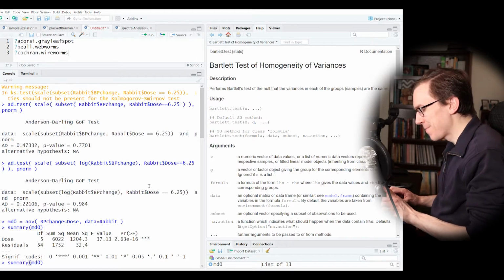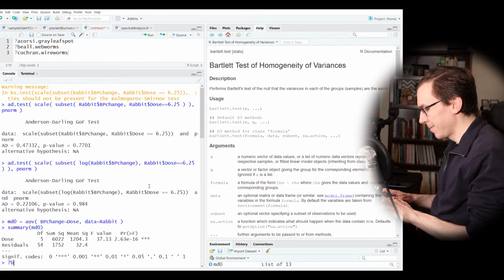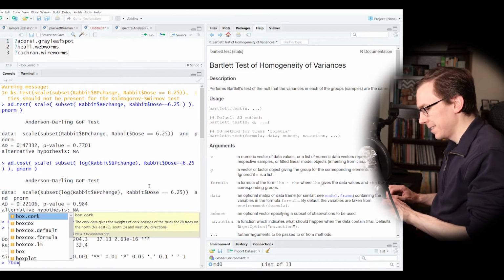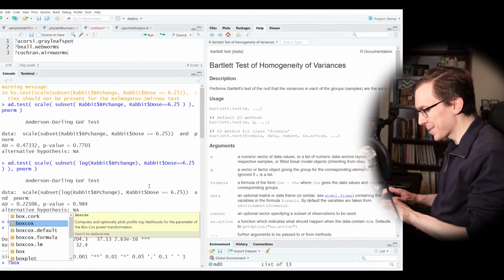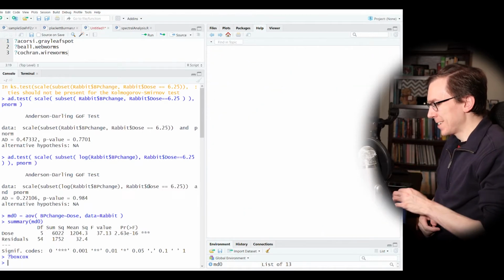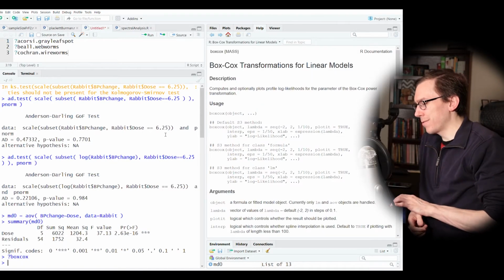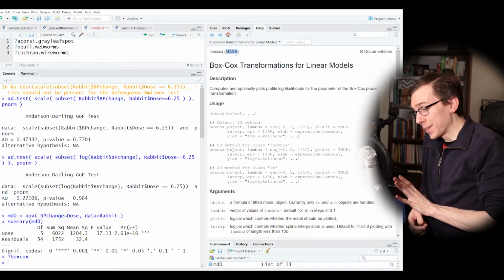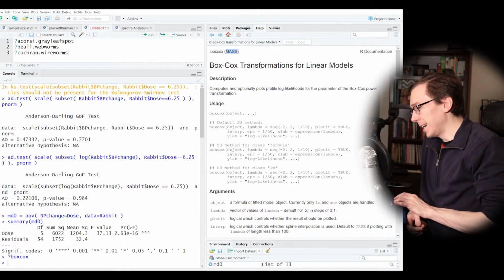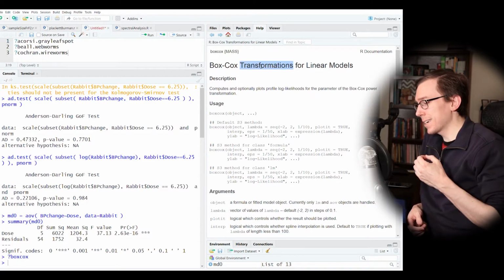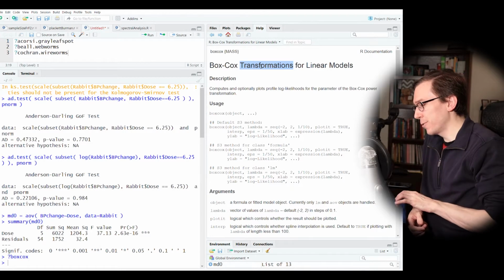Now, what I wanted to look at is, oh, there's a box cork. I didn't know that. But I'm looking for boxcox, not box cork. So boxcox, which you can find in the MASS library along with the rabbit data, by the way, will do the Box-Cox power transformation for a linear model.